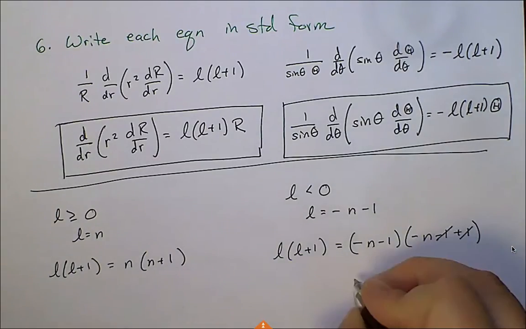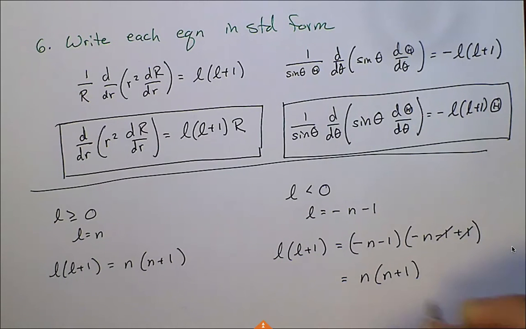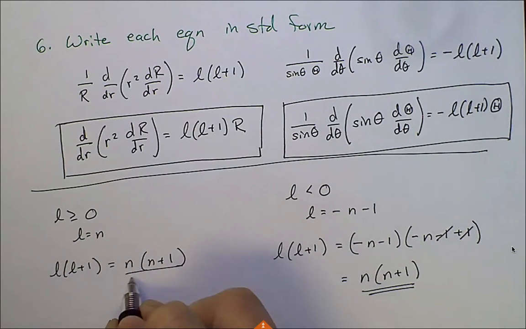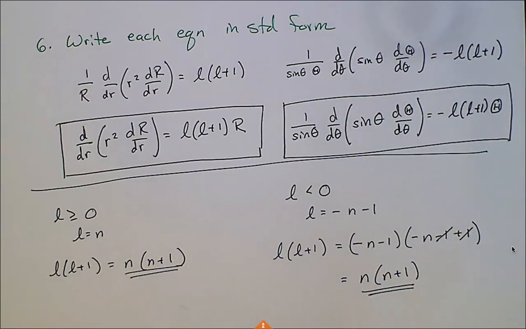These two happily cancel, and I get n times n plus 1. So these are the same. So regardless of whether L is positive or negative, I can still write it in this form. So I'm going to assume that L is positive without loss of generality, because it's going to cover both negatives and positives. And in fact, it's going to look exactly the same way.